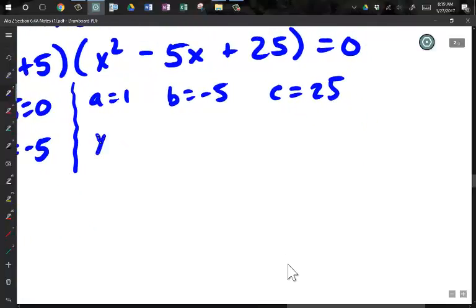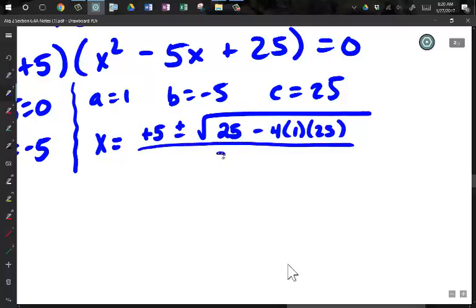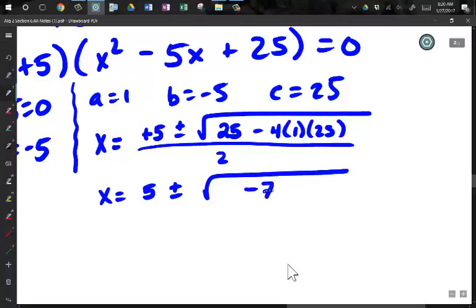So here we go. X equals the opposite of negative 5, which is 5, plus or minus the square root of negative 5 squared, which is 25, minus 4 times 1 times 25, all over 2a. So 5 plus or minus the square root of 25 minus 100, which is negative 75, all over 2.